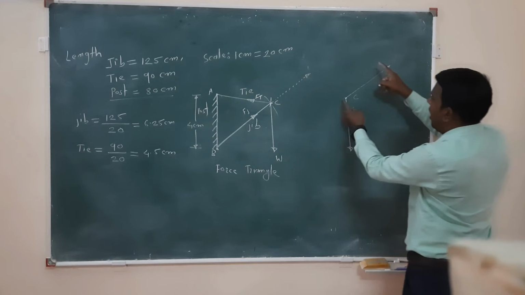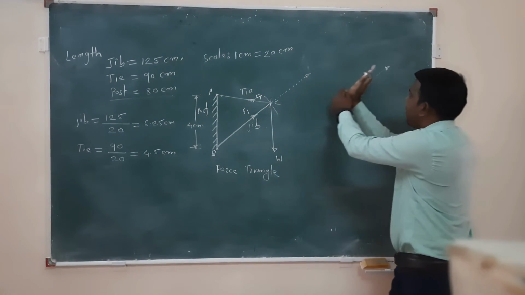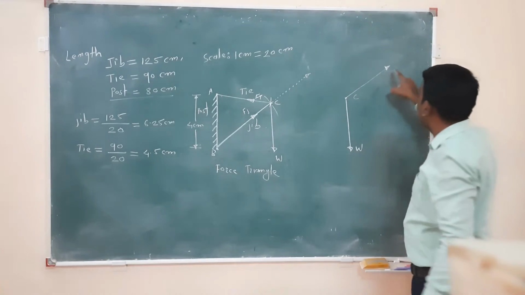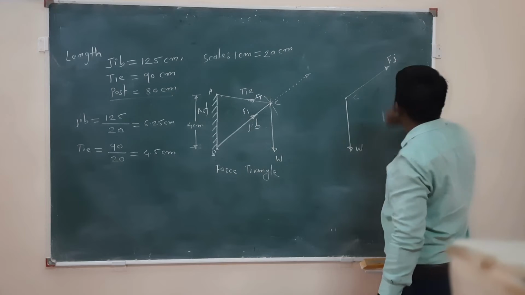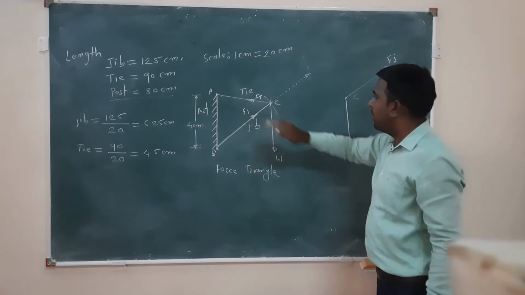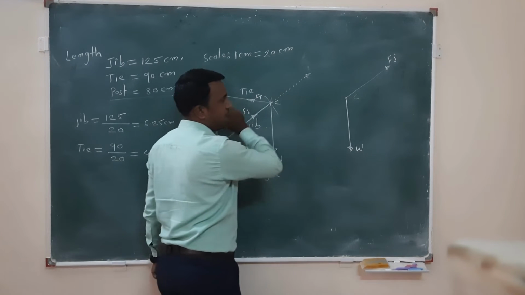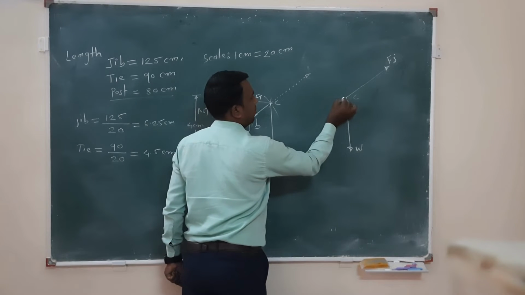So this line and this line should be parallel. तो इसको पैरेलल लाइन आपको यहाँ पे निकालना है और that line will be starting from the point C and indicating the force Fj. Okay. Then similarly you have to draw the force Ft. ये लाइन तो पैरेलल लाइन, ये लाइन तो पैरेलल लाइन आपको शो करना है यहाँ पे. Then here you are showing the line Ft.